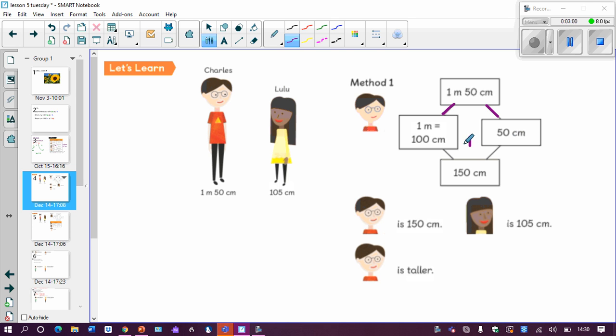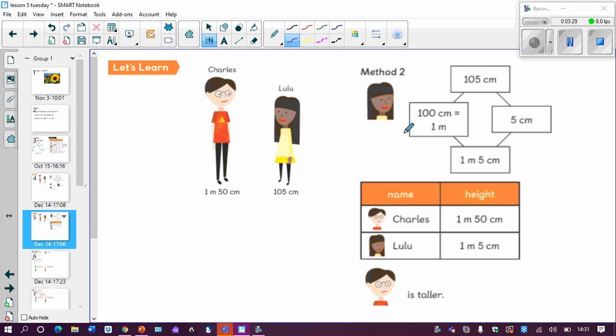What they have done is they've added the two together to get 150 centimetres. Now we can see that Charles and Lulu are the same measurement. Both of them are measured in centimetres. If we compare the two lengths together, 150 centimetres and 105 centimetres, we can see that Charles is taller.